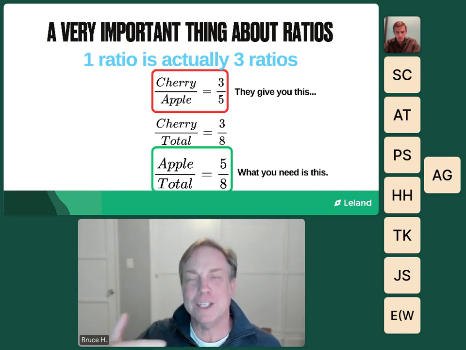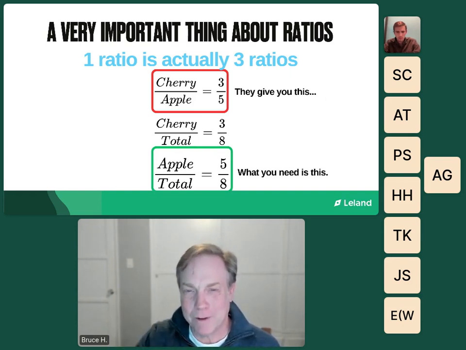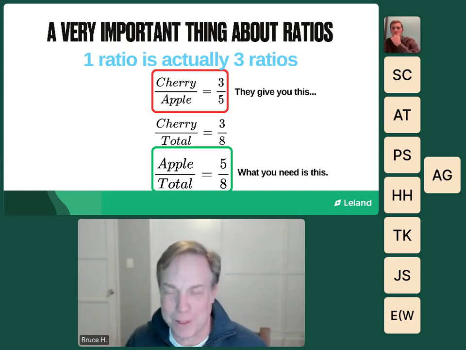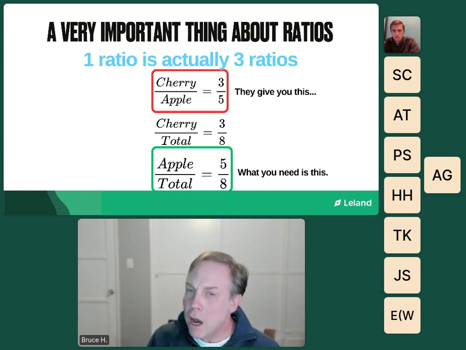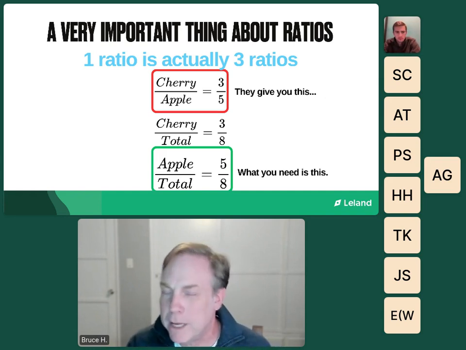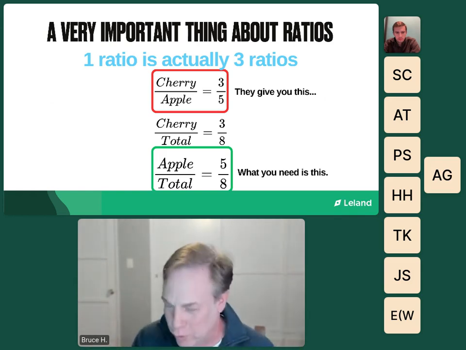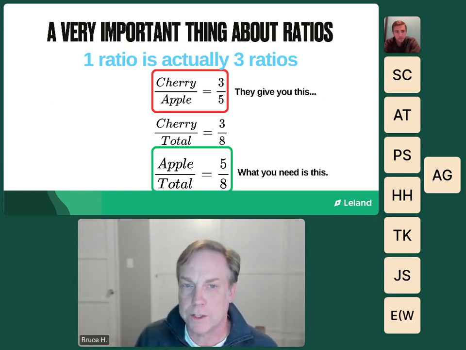So they're going to expect you to be able to convert from thing A over thing B into thing A over total. Now, how do you know which ratio you need? Because I've made things more confusing. Now you got 3 ratios to choose from. Well, this is how it works.